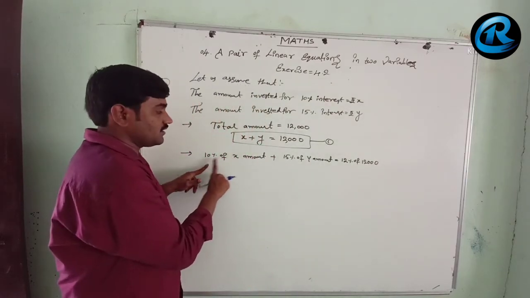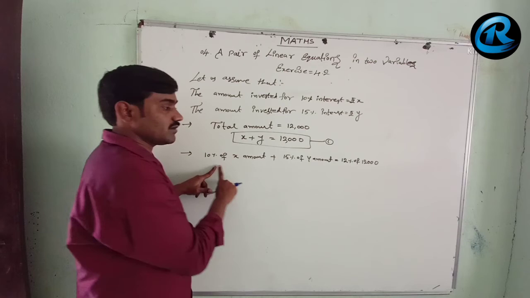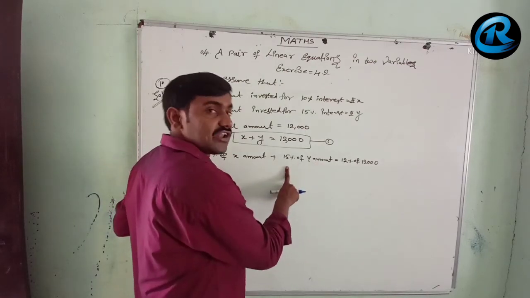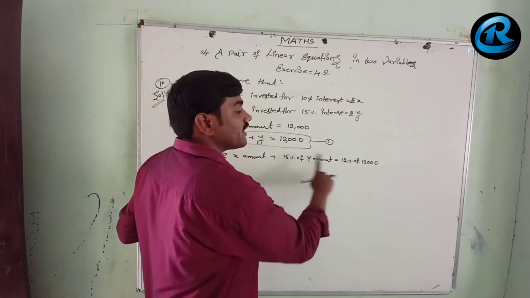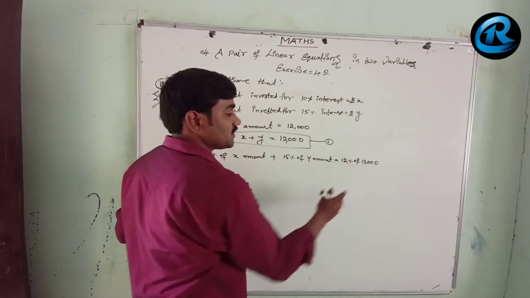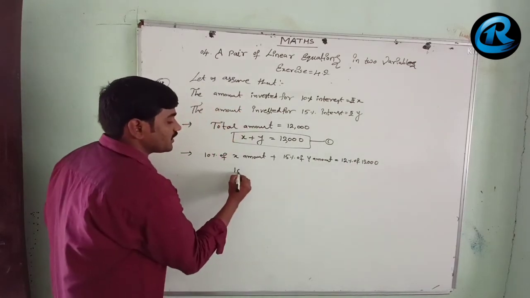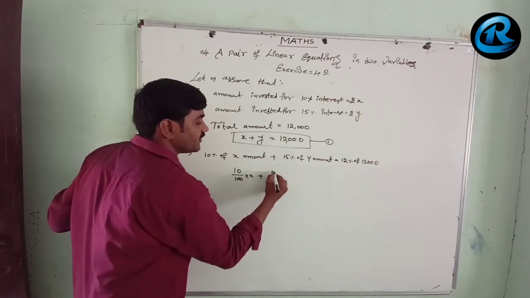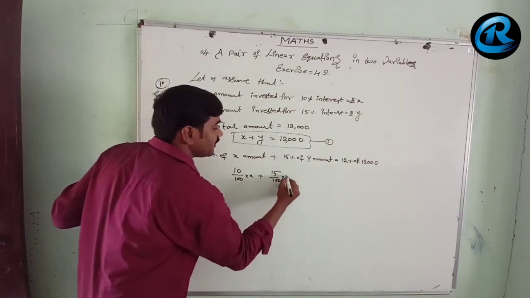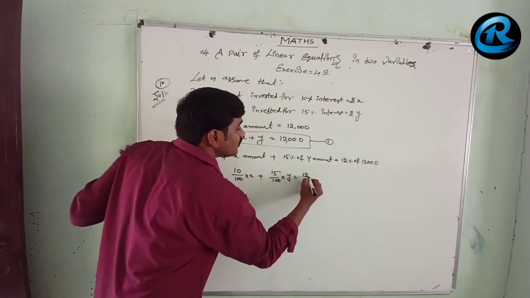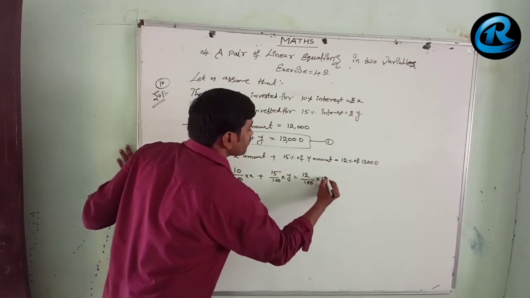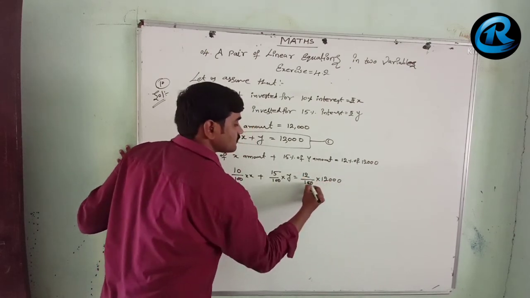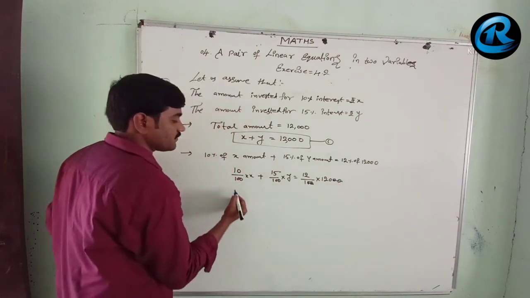X is invested at 10% and Y is invested at 15%, so you have to get 12% on these 12,000. So 10 by 100 into X plus 15 by 100 into Y equals 12 by 100 into 12,000.